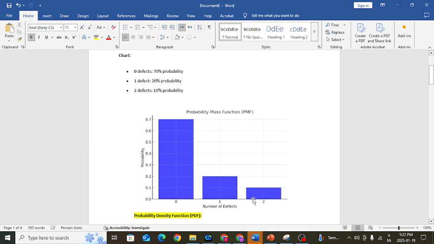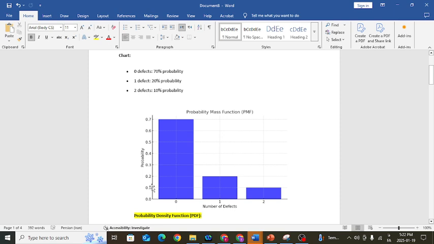For example, as you can see in the chart, the horizontal axis is the number of defects, and the vertical axis is the probability.